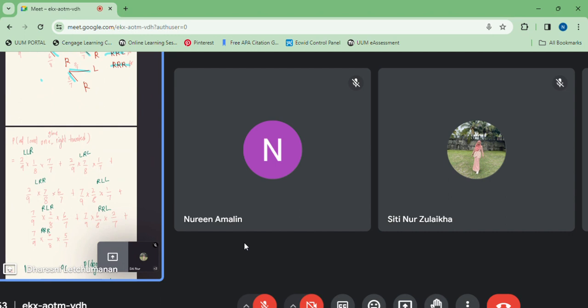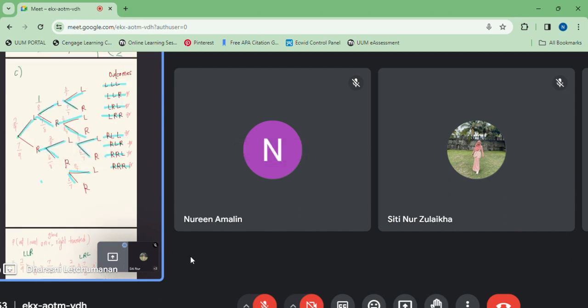Okay. The question said, at least one glove is right-handed. So when we look at our outcomes, every time you do a tree diagram, I suggest you write the outcomes at the side because it's easier for you to see if the question asks at least one right-handed.